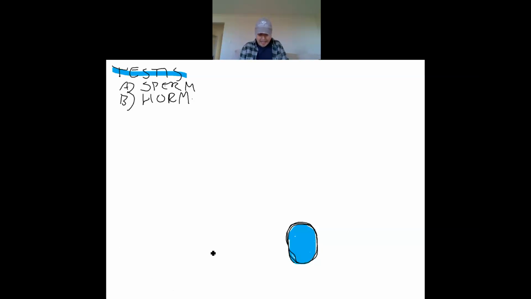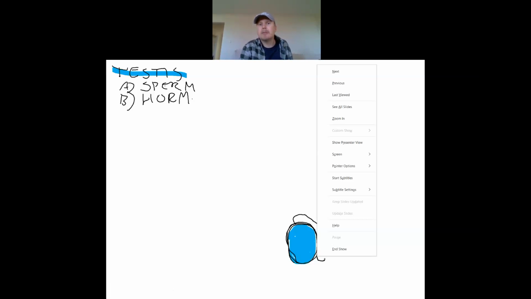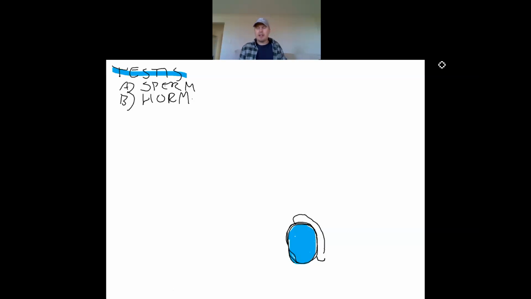And we're going to be adding the first structure on top of a testis. There's kind of a thinner, not so solid or not so smooth structure known as epididymis.